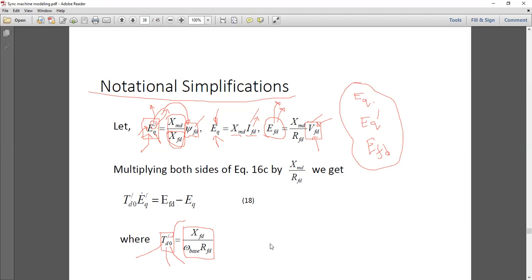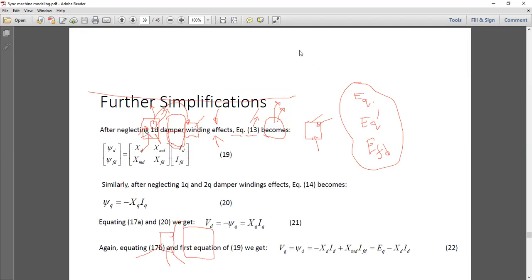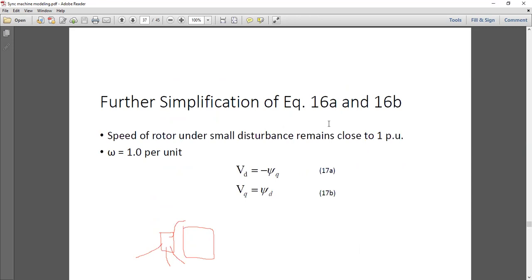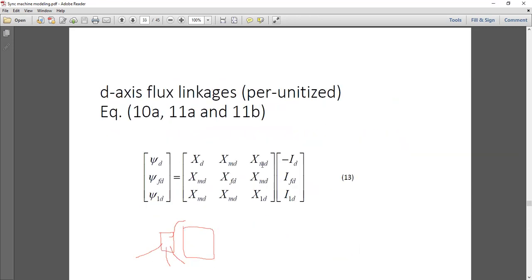XFD over omega base RFD. Okay, we continue with the simplifications because we are ignoring the damper coils. Remember, we are ignoring the damper coils, so our flux linkage expressions will also be affected. If you go to equation number 13, we see what sort of simplification we are looking for.